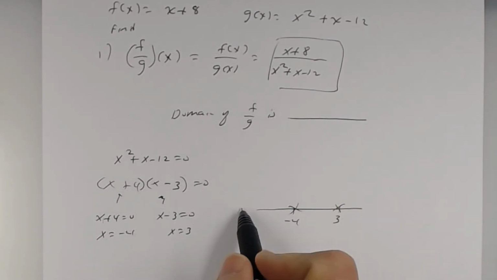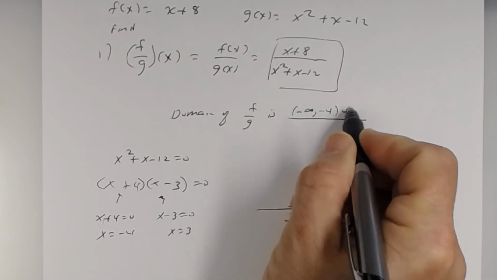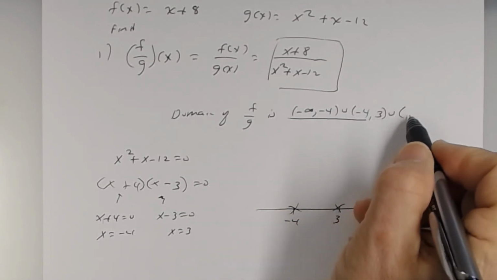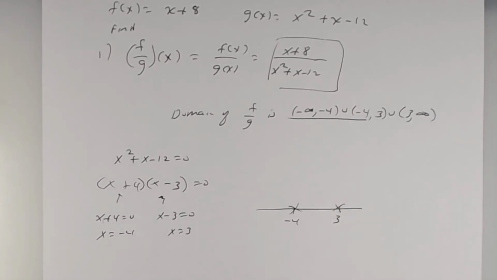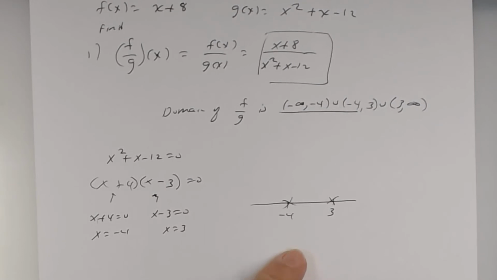So you're going from negative infinity to negative 4, union negative 4 to 3, union 3 to infinity. Okay? So when you do that back part of that worksheet, you have that quadratic. You're going to factor, and then you do the same thing. But on worksheet 3, if you look at it, go ahead and take worksheet 3 out.